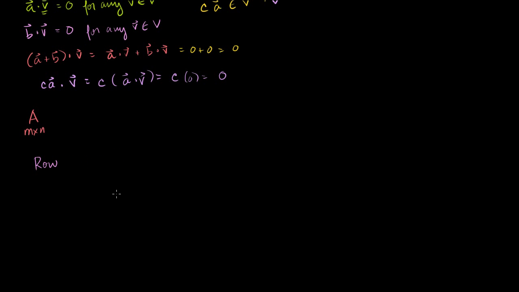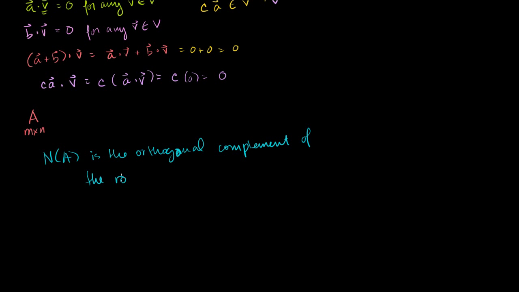I wrote that the null space of A, let me switch the order, the null space of A is equal to the orthogonal complement of the row space of A. And the row space of A is the same thing as the column space of A transpose.